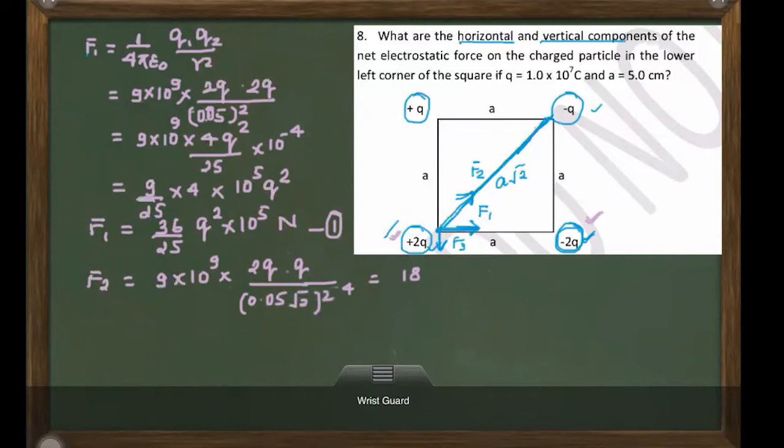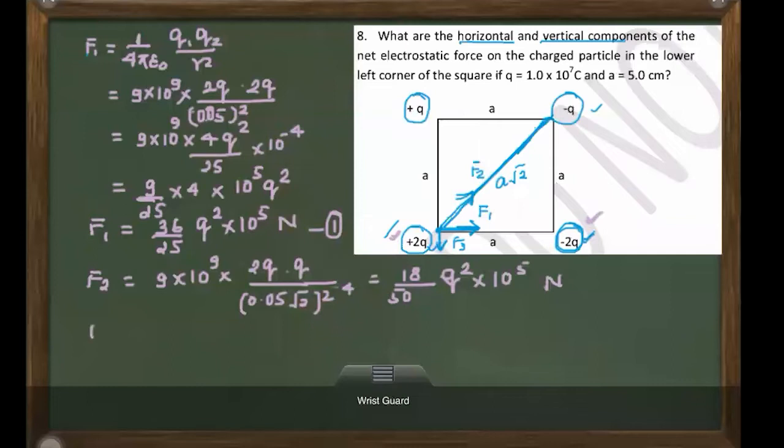Then it will be 9 into 18 divided by 25 into 50, into Q square into 10 raised to power 5 Newton.